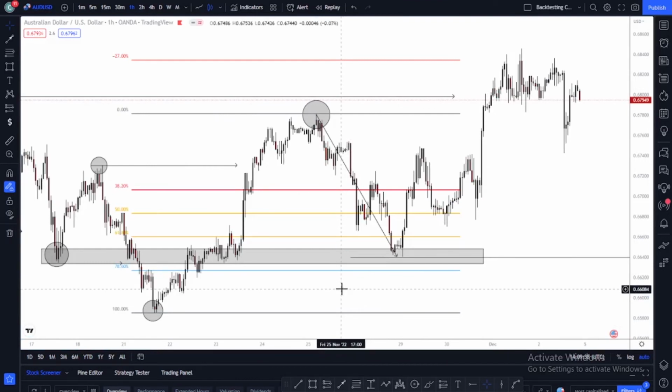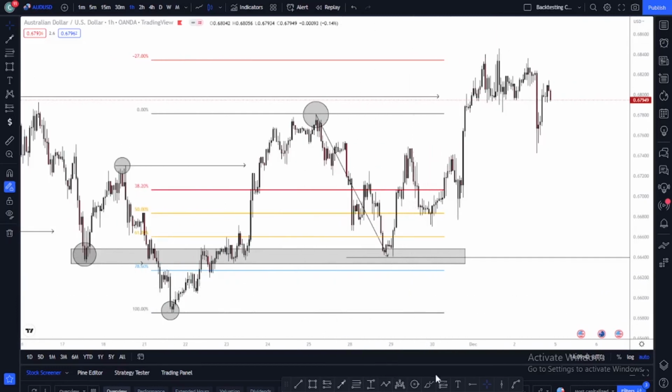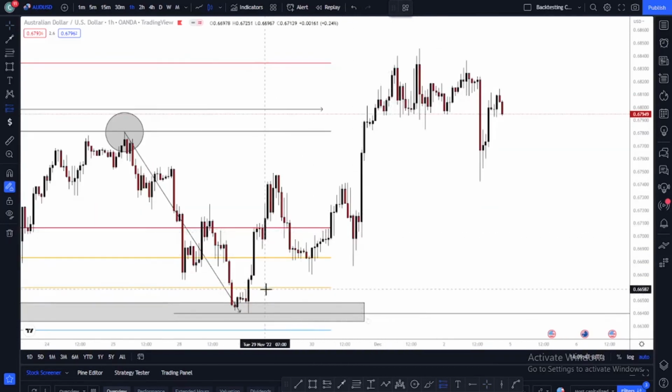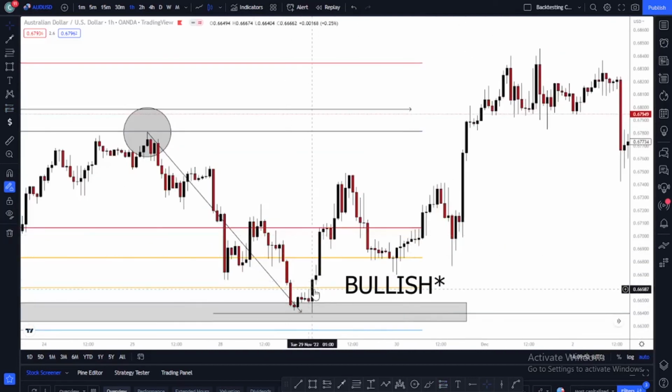Do you get me? Good. We need to go in for buys. After the closure of this engulfing candle, you can consider this a bullish engulfing candle, right?